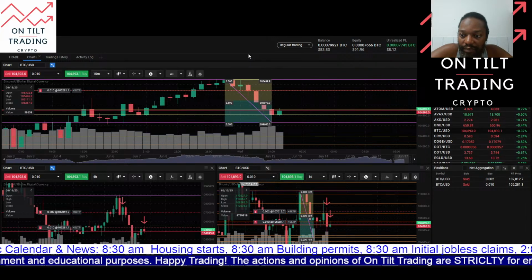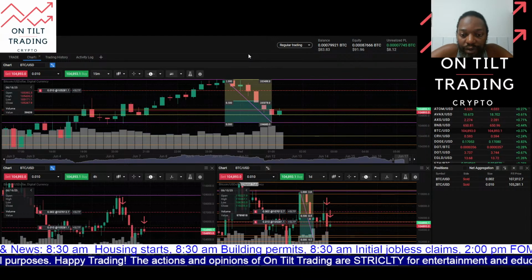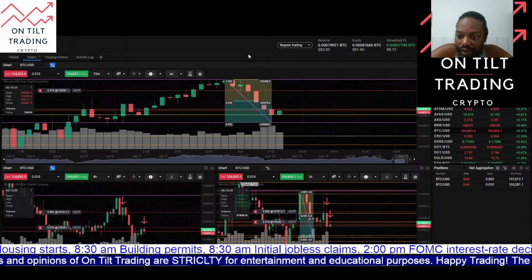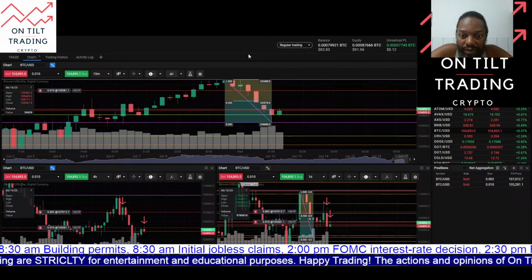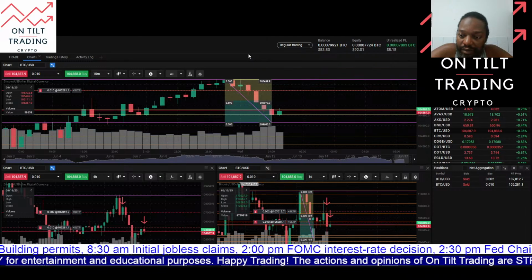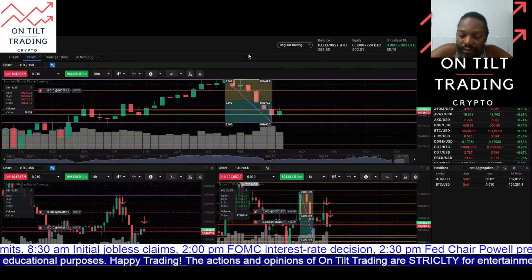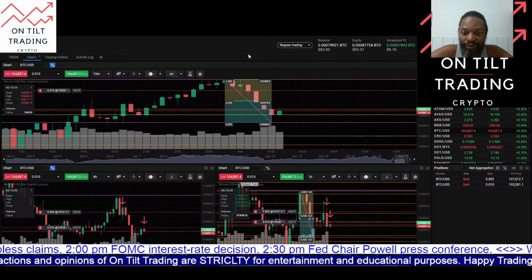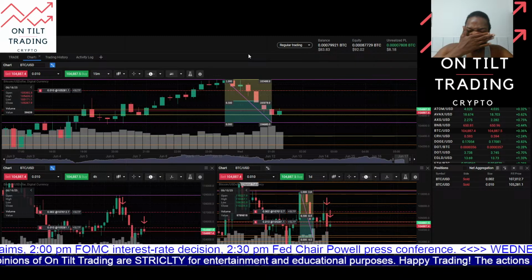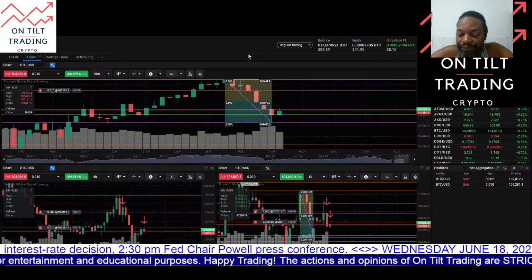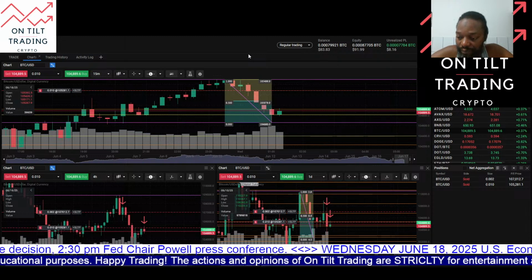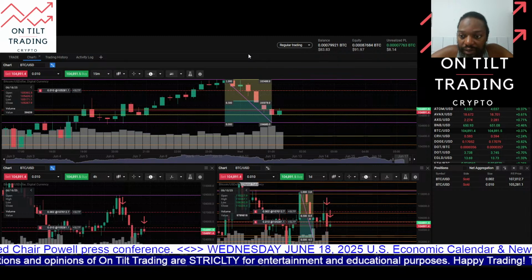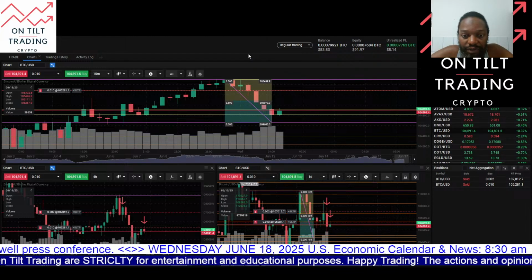Price seems to be unable to hold above this reactionary level that it is trading at currently. That level was near the 104,900 level, approximately. Less than 1 minute remaining in the current candle here on the 15-minute chart.